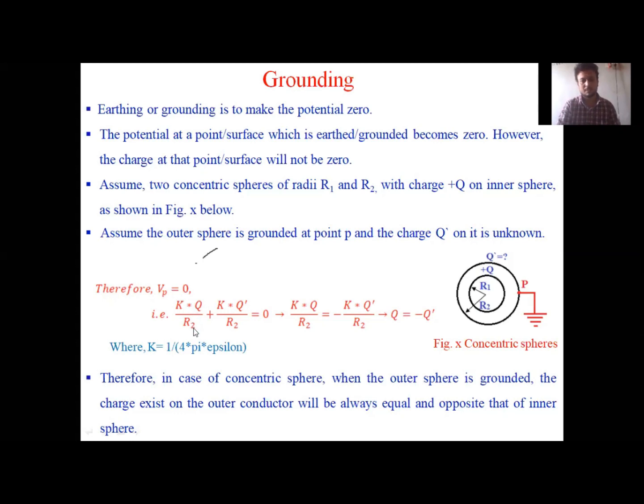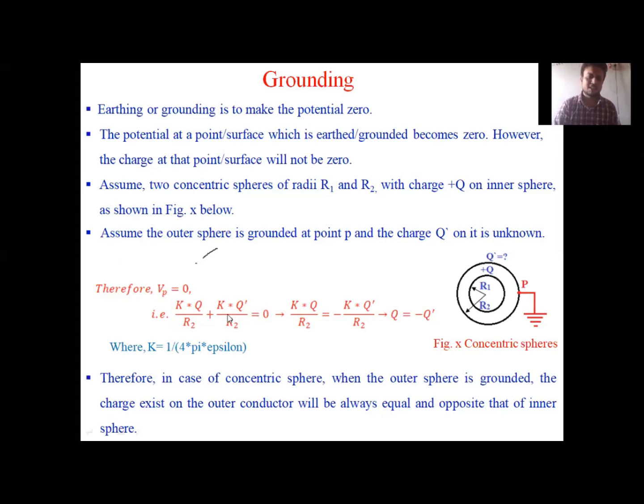R2 is the distance from the center of the sphere to the point P, plus Q dash divided by 4 pi epsilon R2. This is the potential due to the charge on the outer sphere. So the total potential is the addition of these 2 potentials, and this is the net potential Vp, and we are grounding that particular point P, therefore it is equal to 0.